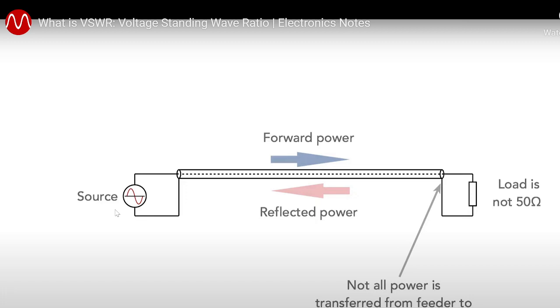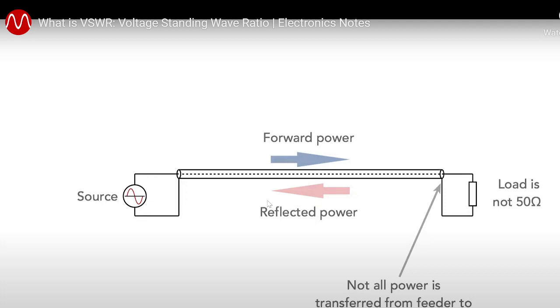You know that from the source towards the load, there is a forward power. If the load impedance does not match the characteristic impedance of the line, then there will be a reflected power. So not all power is fed to the load. In that case, you have two waves, a forward wave and a backward wave.